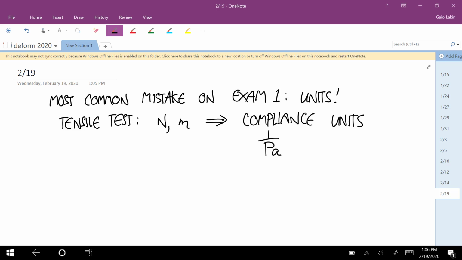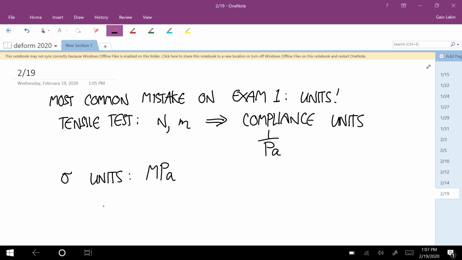And then problem 3 gave you a stress tensor with units of megapascals, and I don't know, half the class, something like that, just multiplied the megapascals to the compliance matrix. You just got to keep in mind what the units are.